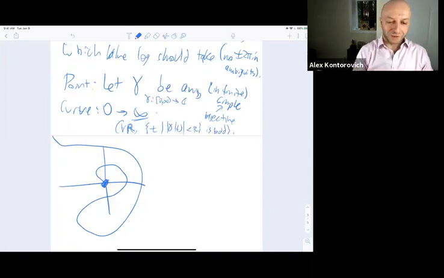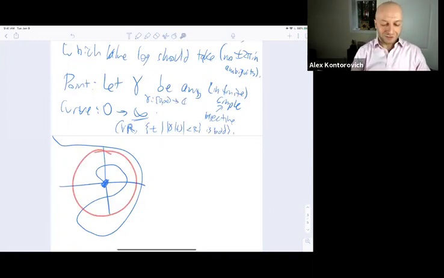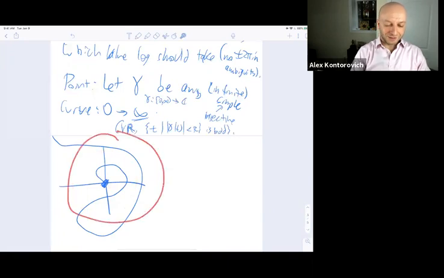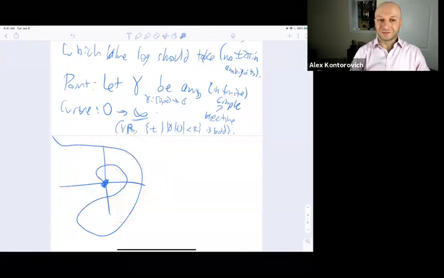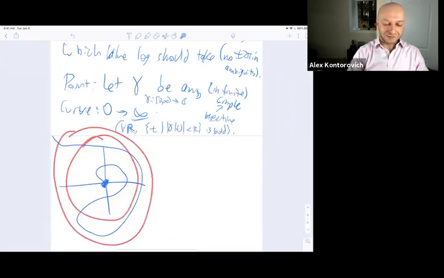In other words, I take some disk of radius r, let's say a big disk. There are times when I'm inside the disk. The collection of times when I'm inside that disk for any fixed r is a bounded collection of times. So in other words, I escape any disk.